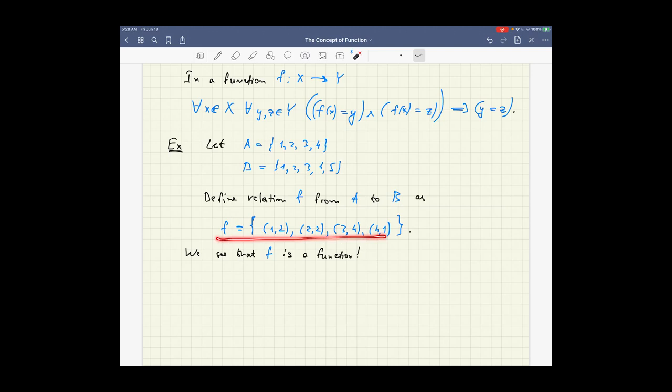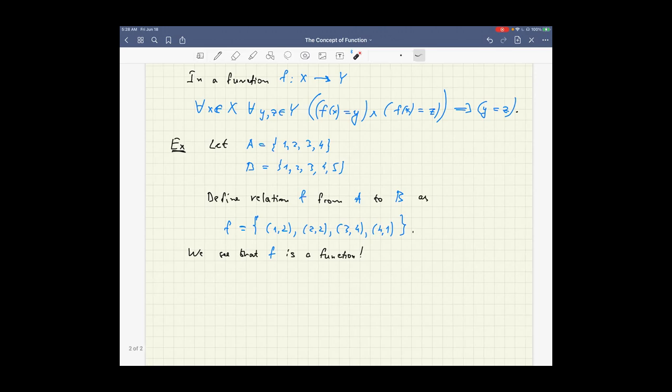In the set F, every first coordinate 1, 2, 3, and 4 corresponds to exactly one coordinate from B. 1 corresponds to 2 and only 2. 2 corresponds to 2 and only 2. It's all right that 1 and 2 correspond to the same second coordinate. That's fine. We only require that every first coordinate be paired with exactly one second coordinate.